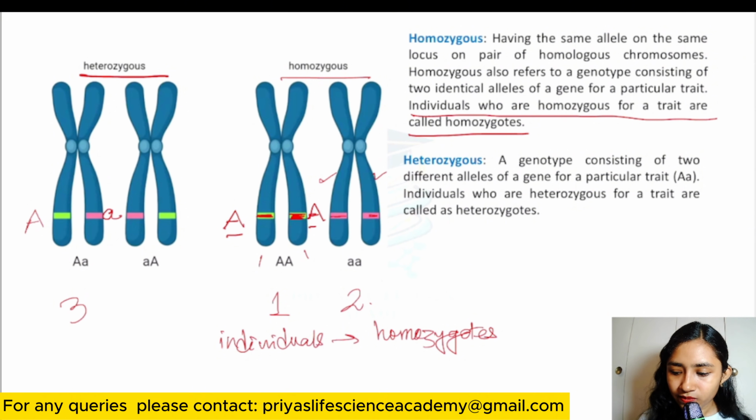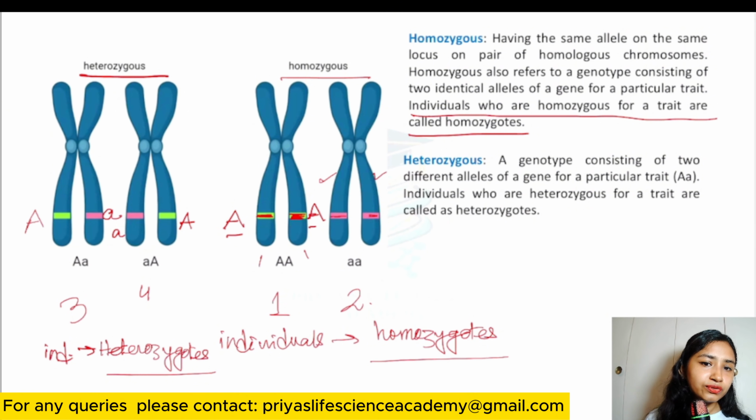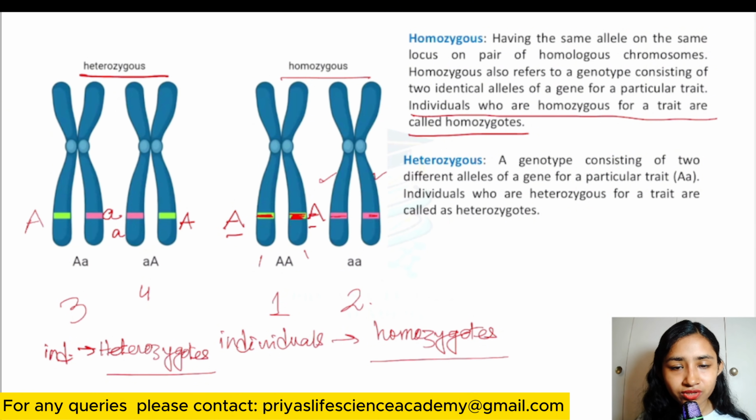Suppose this is chromosome number 4, here is the presence of small a, here is the presence of capital A. So these type of chromosomes are known as heterozygous chromosomes, and individuals who are heterozygous for a trait are known as heterozygotes.